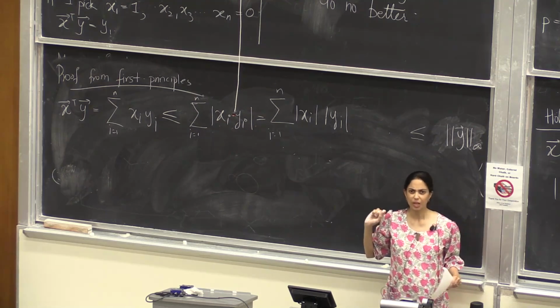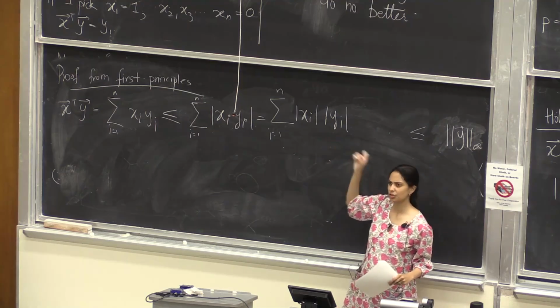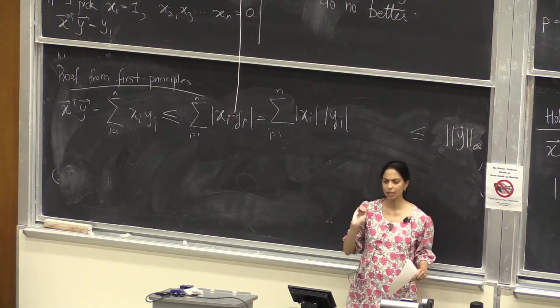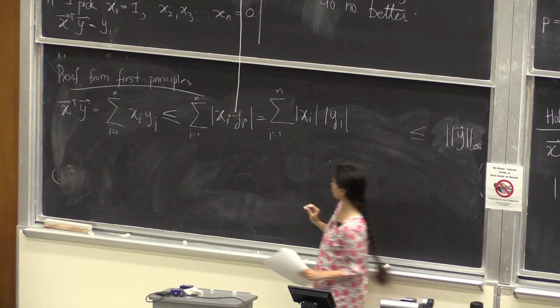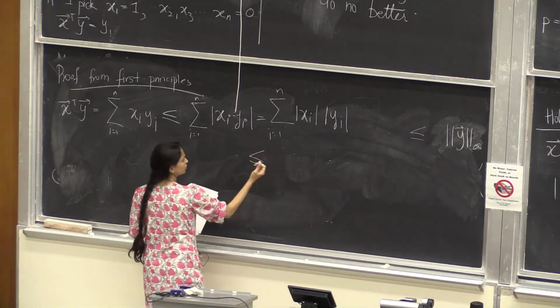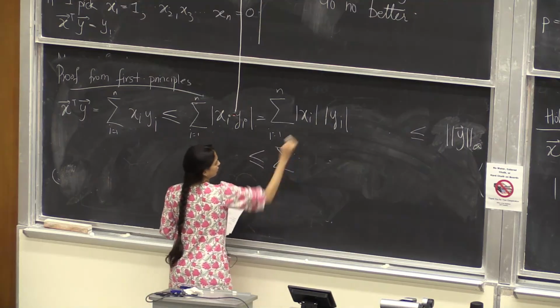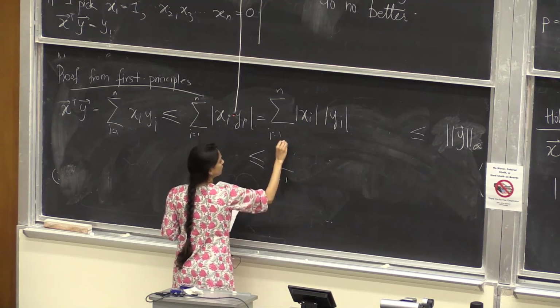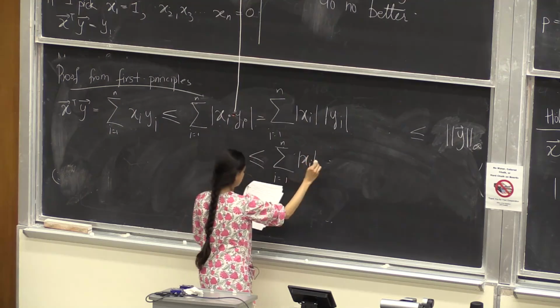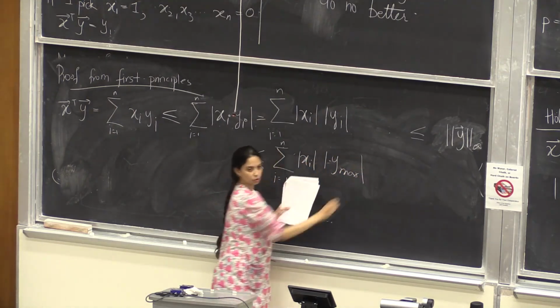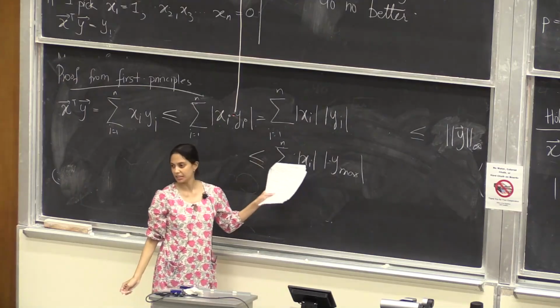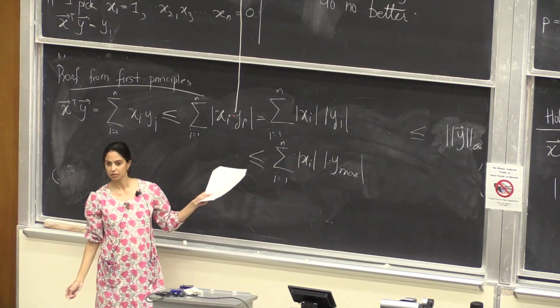So if I wanted to replace these yi's with some particular yi, which one would I choose? The maximum, right? So can I write this as further less than or equal to y max, whichever y maximizes the absolute value. Okay?